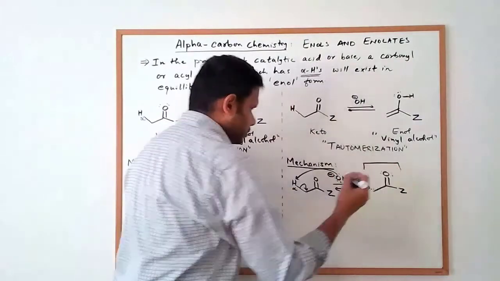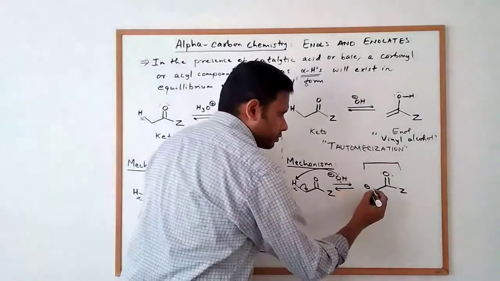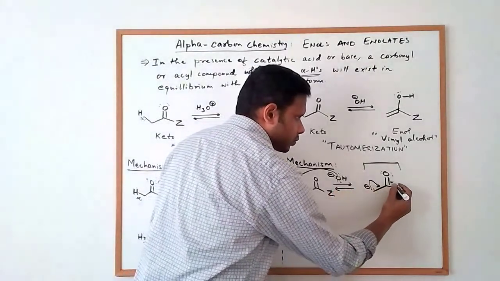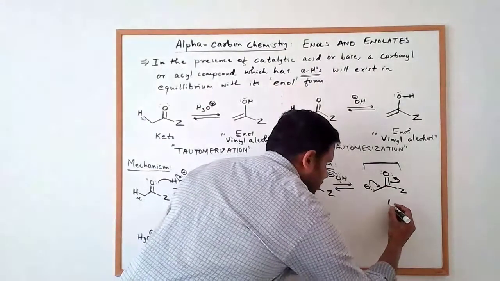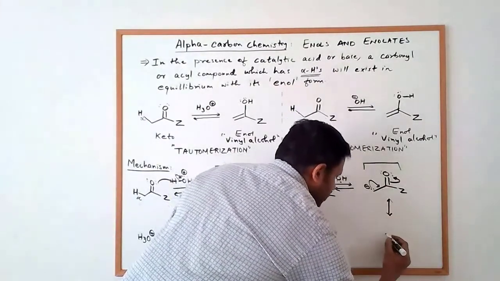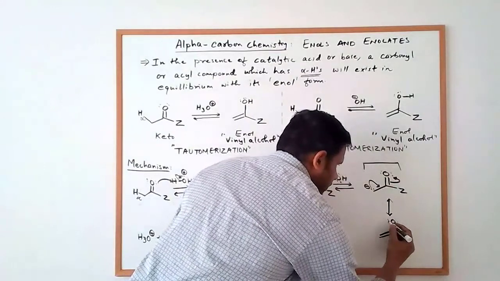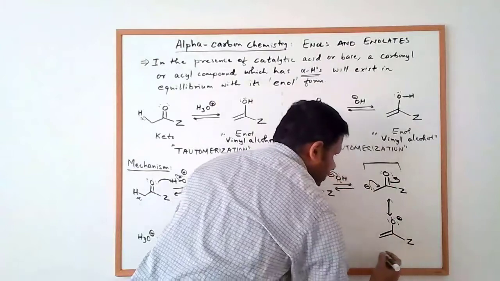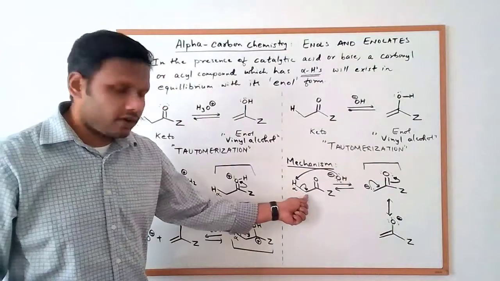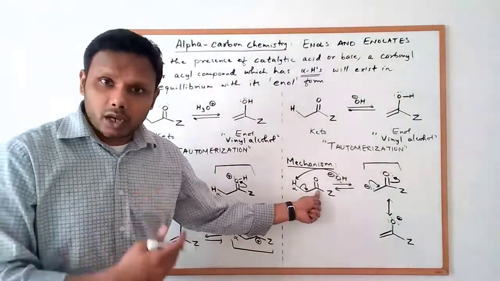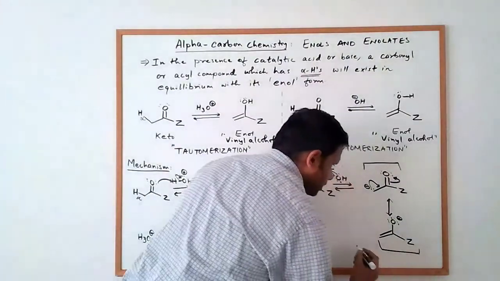Now, very similar to the situation under acidic conditions, this intermediate that we've made is resonance stabilized. So you can do resonance on that intermediate, and the resonance is going to give us this form here, where we have a double bond now between the alpha carbon and what was the carbonyl or the acyl carbon. So this is just resonance.